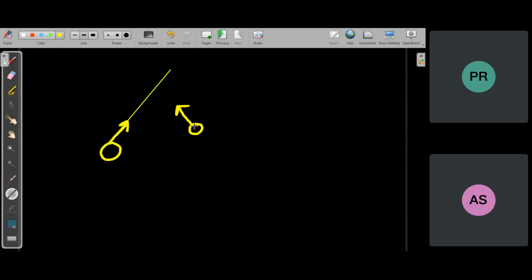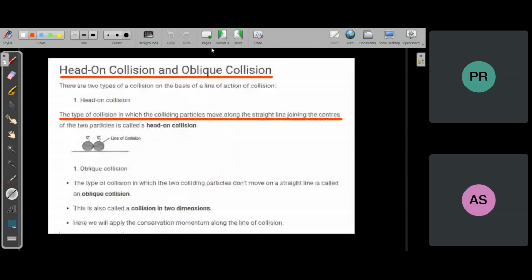Now you can see that their initial and final velocities are not along the line joining the centers. This is an oblique collision, in which the initial velocity is not along this line and the final velocity is also not along this line.